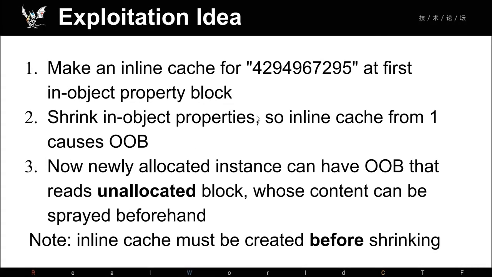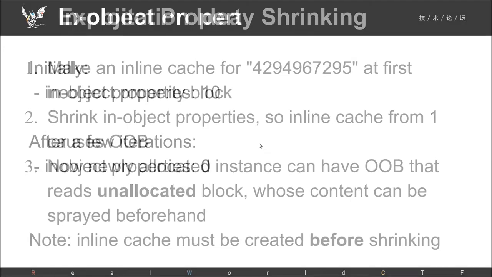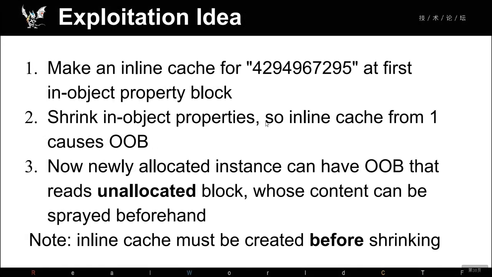So finally, we can get into the exploitation idea. Firstly, we make an inline cache for this vulnerable numeric string key at the first in-object property block. And then we shrink the in-object properties using the technique in the last slide. So the inline cache from before causes out-of-bound access.